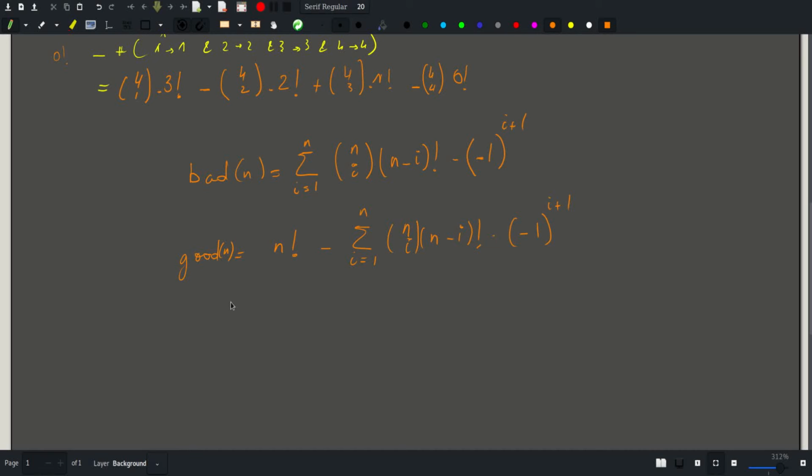And just to keep things neat, we can introduce this n factorial into this. So we can represent this n factorial as n choose 0, which is just 1, times n minus 0 factorial.